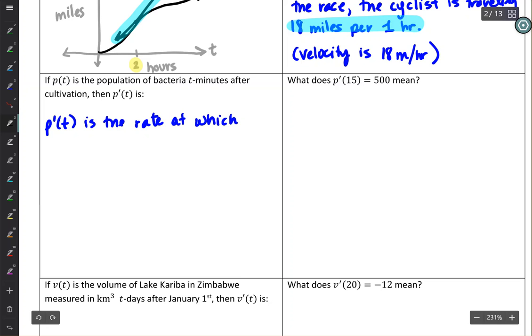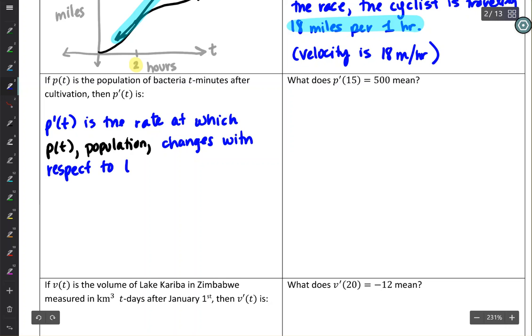P. P of t, which in this case is population, changes over time, with respect to t.